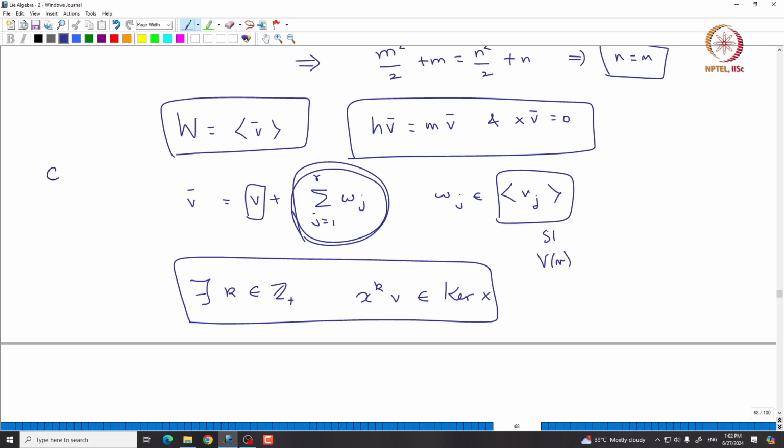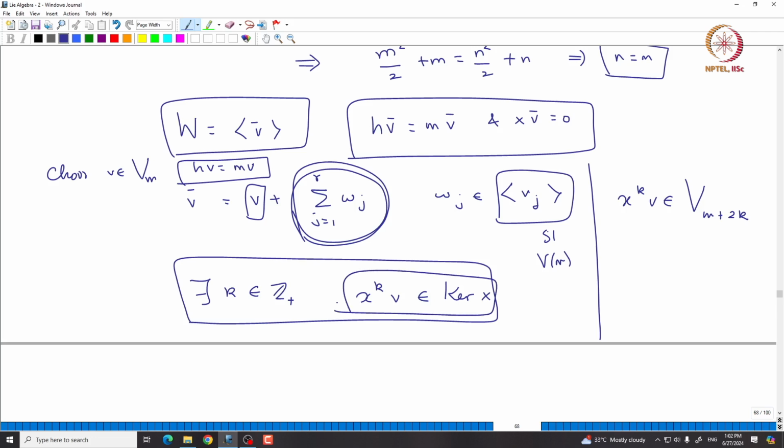So, we can choose this v coming from the eigenspace corresponding to m, basically from V_m, so h v will become m v. Now because we can choose this from here, it is clear that x^k v will have eigenvalue m plus 2k. Since they are all distinct, there exists some k such that x^(k+1) v is 0. That way you can choose this k.